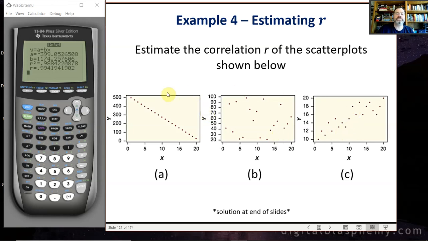So if I said, which of these graphs has an r of -1, it's this one, because it's the only one with a straight negative trend. Here we have a straight line trend, and it's positive, but it's not a perfect positive trend, right? There's some clustering, but it's still a little bit random looking. So r is going to be close to +1, but not exactly +1.